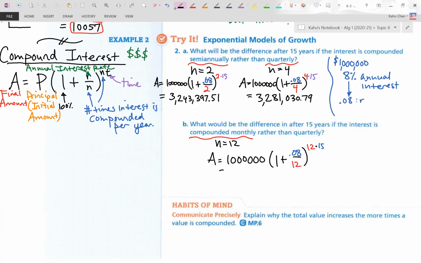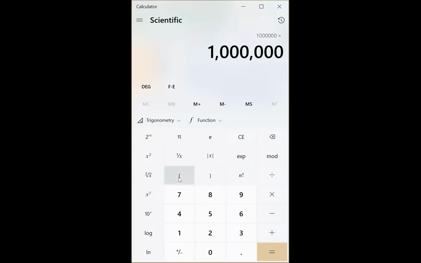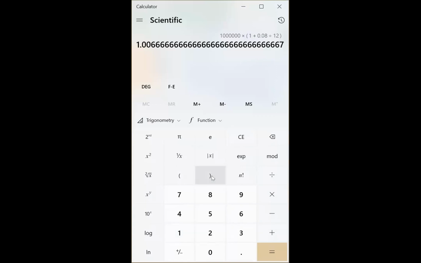Let's punch it into the calculator. Any guesses what that would be? Okay, so we have $1 million times parentheses 1 plus 0.08, but this time we divide by 12. See that number right there? 0.06 to the power of, this time, 12 times 15.